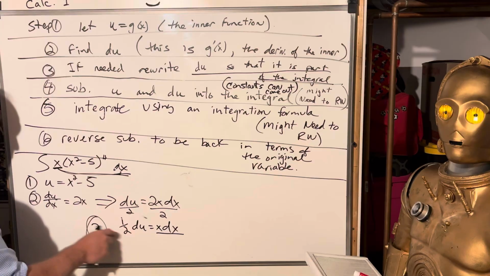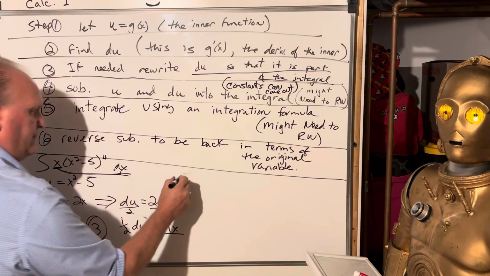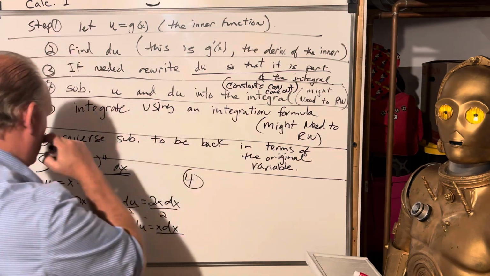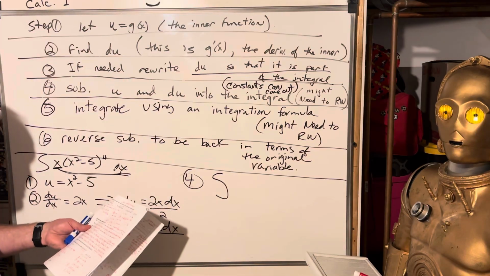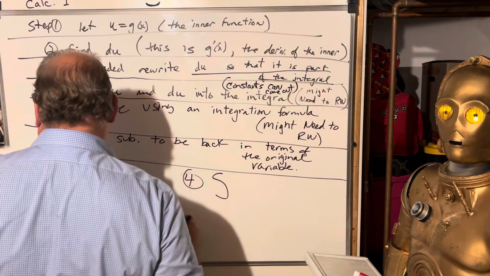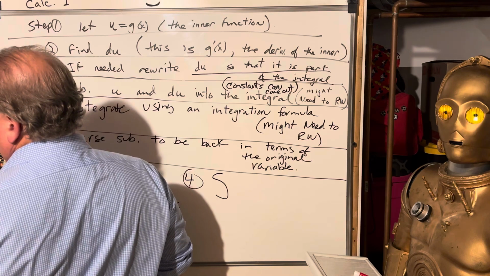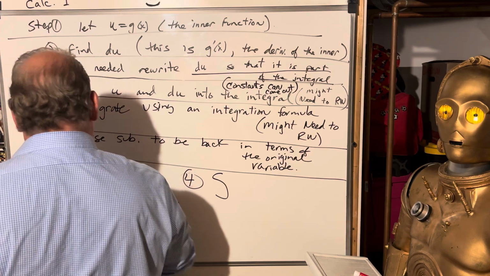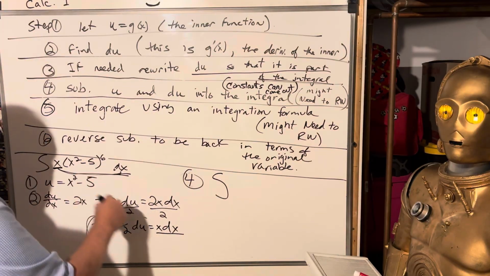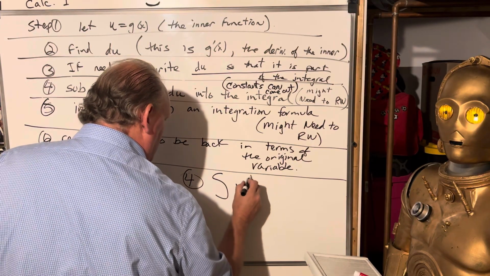So when I do number 4, substitute u and du, I'm going to have the integral. I'm going to have u to the 6th power. Was that to the 6th? I had it written to the 4th. Oops. To the 6th power, so I have u to the 6th power.